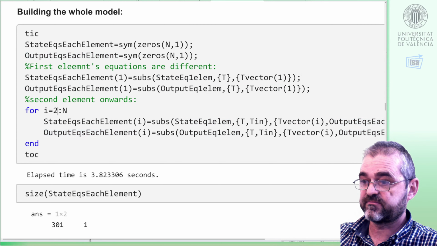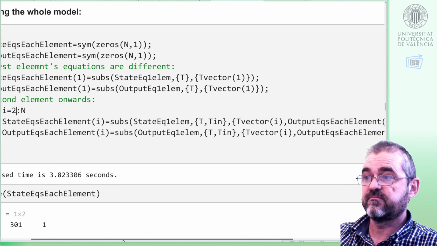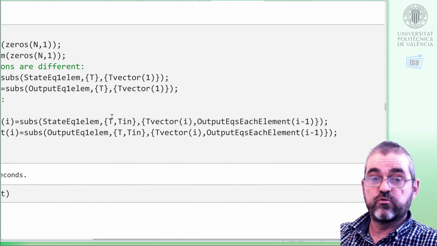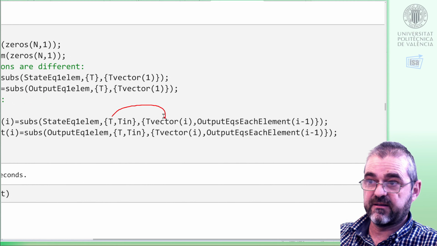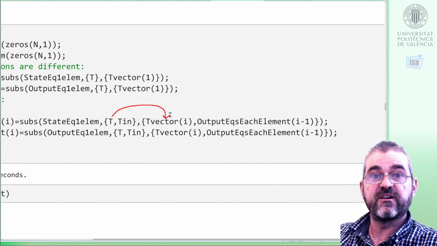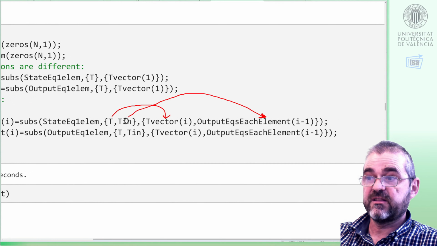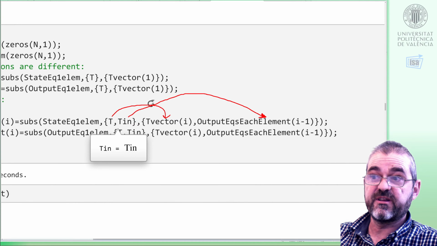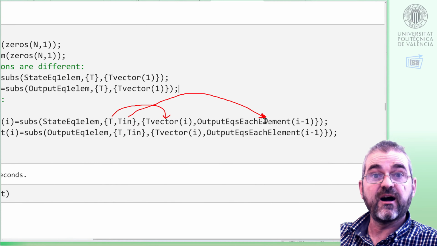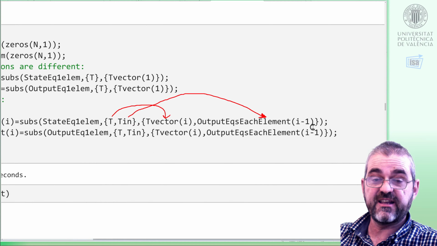So we need to substitute temperature 2, 3, 4 by the corresponding symbolic variables T2, T3, T4, etc. And input temperature needs to be replaced by the result of the output equation of the previous element.